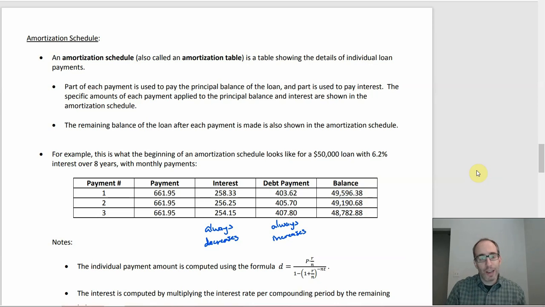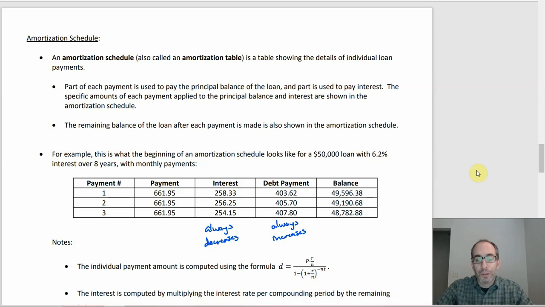Which actually helps, because even if what you end up with isn't the exact same decrease for the next period, if you're looking at interest, it should be almost the same decrease, just maybe off by 1 or 2 cents. And same thing with the debt payment increasing. So the differences from one period to the next ought to be about the same size. And the only reason they're different is just because of rounding.